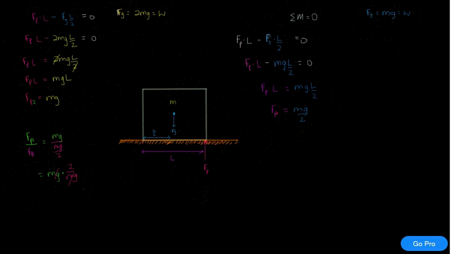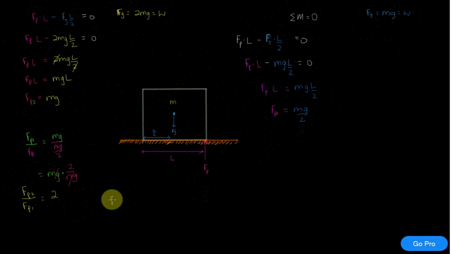So in other words, what that's saying is that the force that I had to apply in scenario 2 relative to the force that I had to apply in scenario 1 is twice as big. Right? I had to exert twice the amount of force in the second scenario than I did in the first. And the reason that is twice as big is because the mass was twice as large.